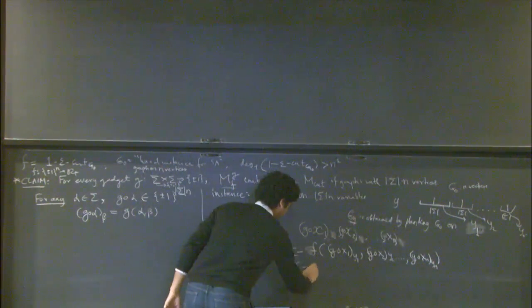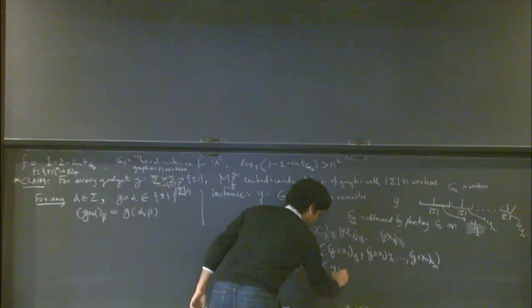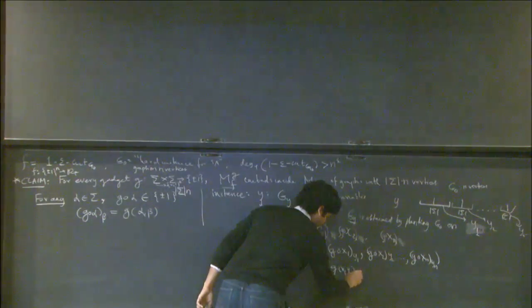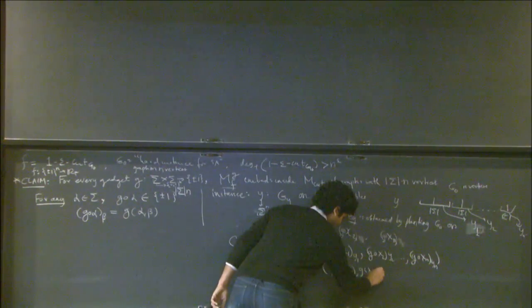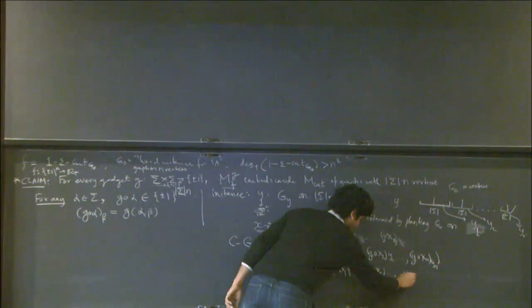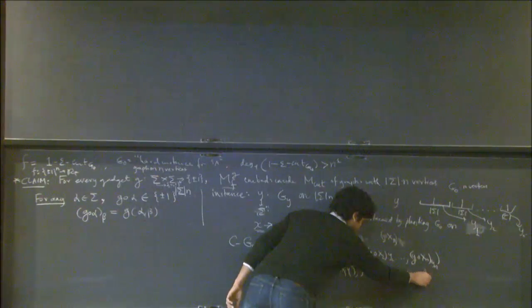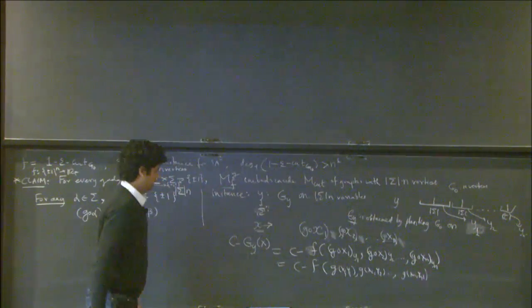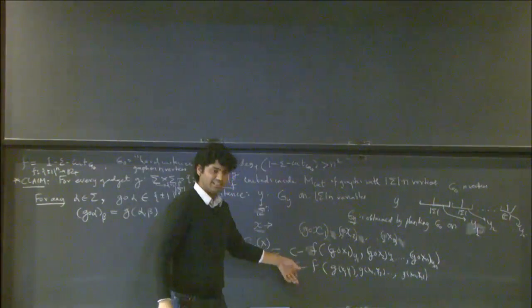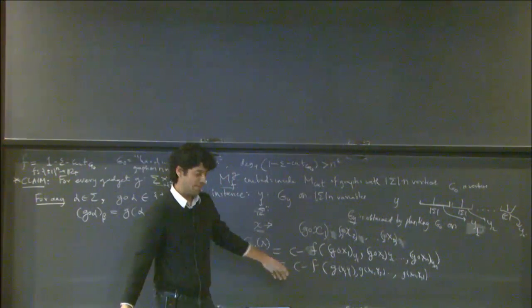By definition, this was equal to f of g applied to x1 y1, g applied to x2 y2, and so on. And that is the x comma y entry of my pattern matrix.